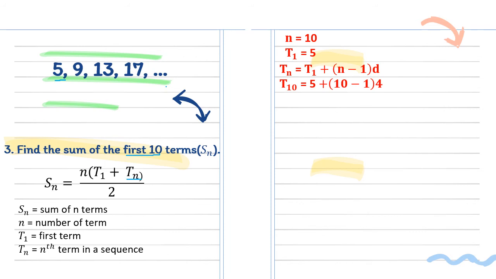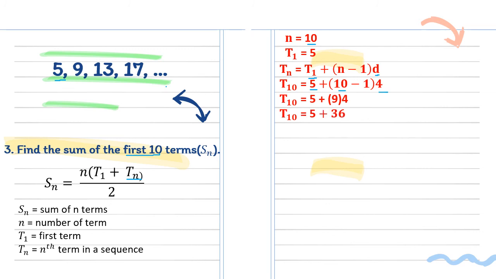So we're going to solve the value of tₙ. Use the formula of tₙ, which is t₁ + (n − 1) × d. Substitute the values of n and d. t₁ is equal to 5 plus n, which is 10, minus 1, multiplied by d. d is equal to 4.